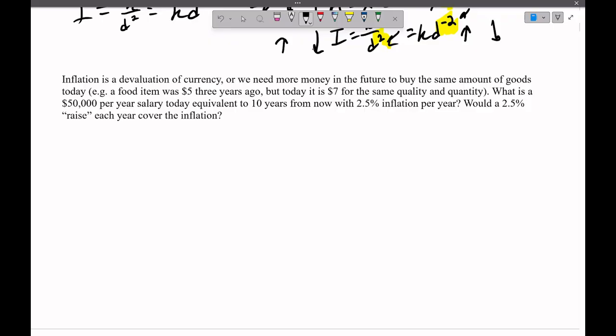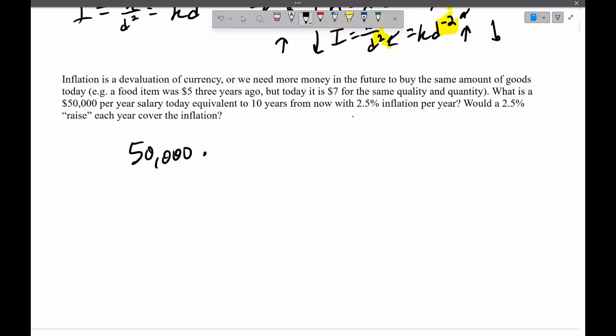What is a $50,000 per year salary today equivalent to 10 years from now with 2.5% inflation per year? Well, this is very similar to that growth that we talked about. $50,000 times this 2.5% inflation.